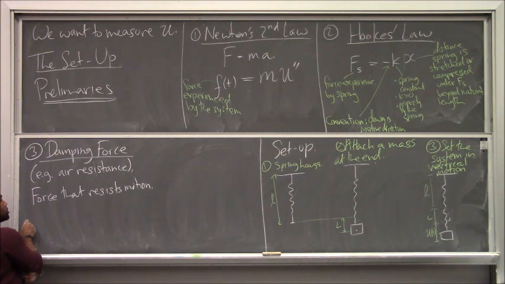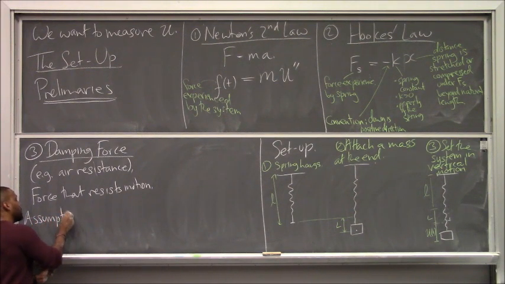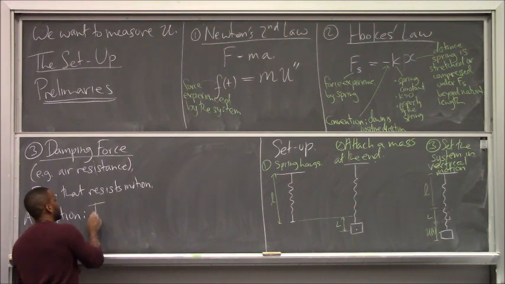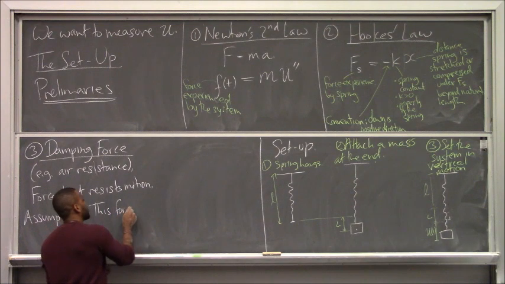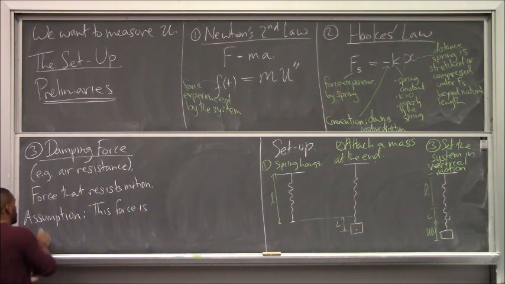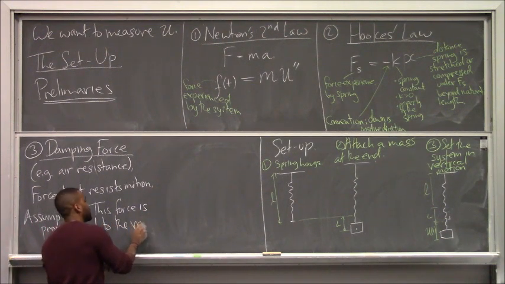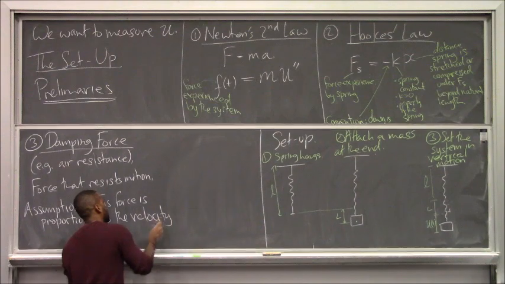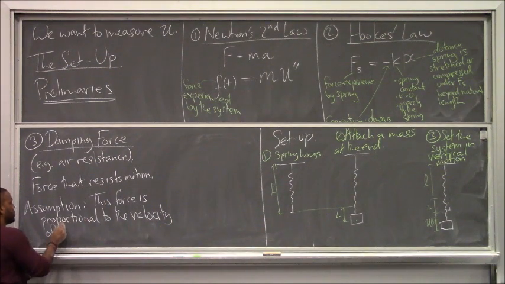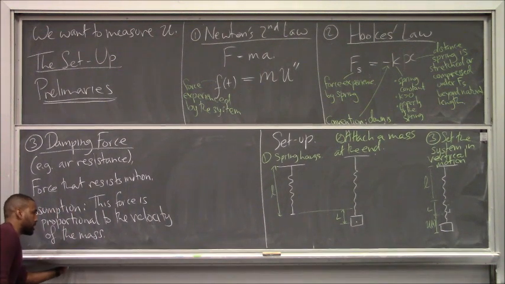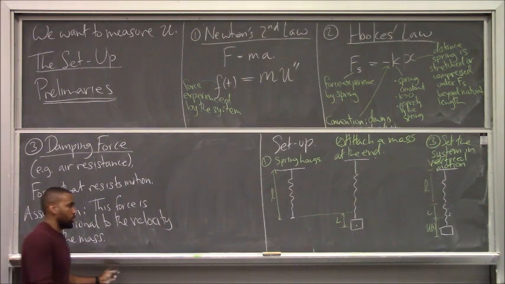Here also, we make an assumption, just to simplify things. It seems to work out at the end. This force is proportional to the velocity of the mass. So if you're just walking, you don't really feel any air resistance.